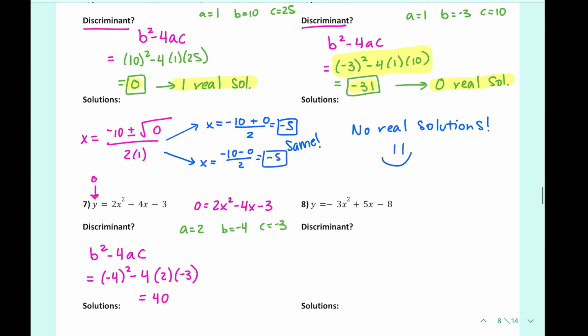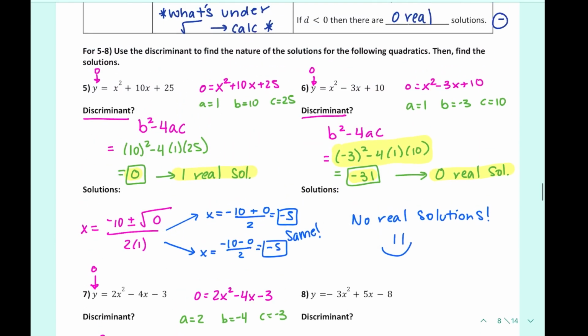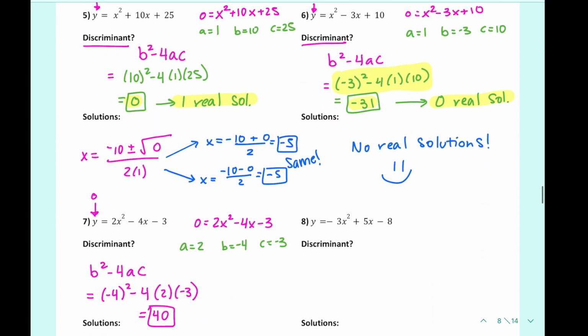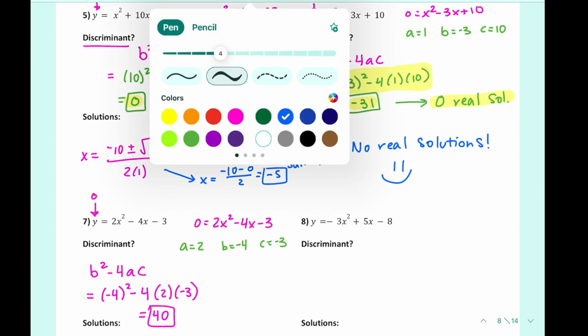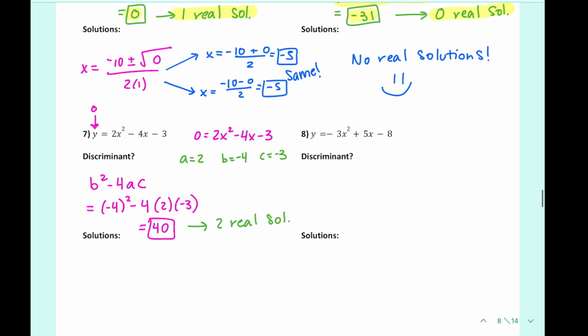And because that is a positive number, and pretty much the first positive discriminant I've had, at least on this page, we can use the positive rules, which up here say we have 2 real solutions. So I'm going to say, okay, 2 real solutions, and then we have to find them. So there's the discriminant, there's the conclusion.